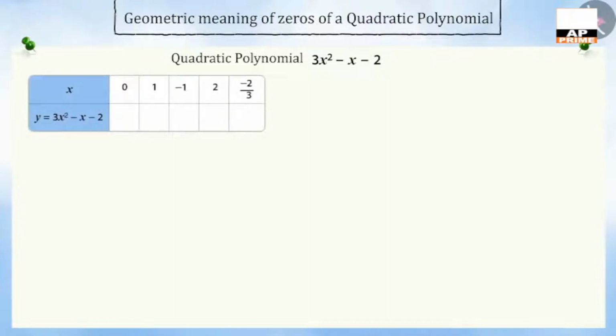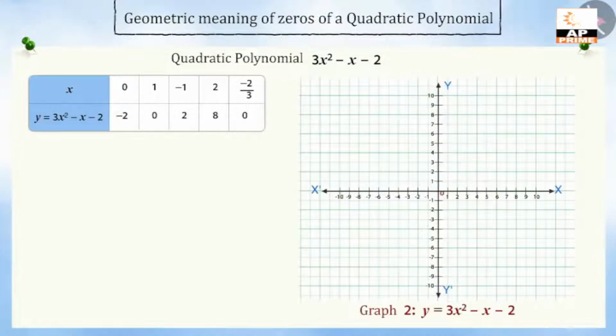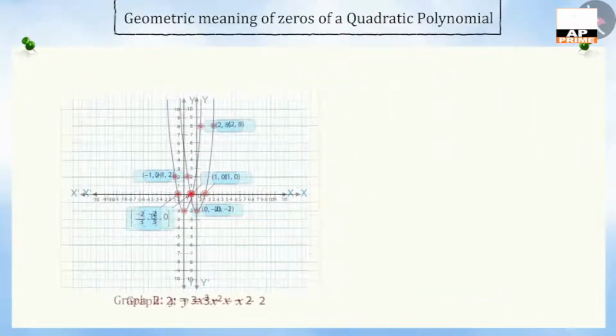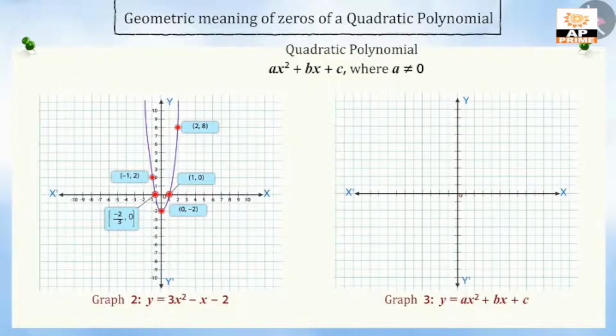If we substitute values of x in y equal to 3x square minus x minus 2 and plot these points on the graph, we will get a parabola. Therefore, we can conclude that the graph of a quadratic polynomial ax square plus bx plus c, where a is not 0, is a parabola.